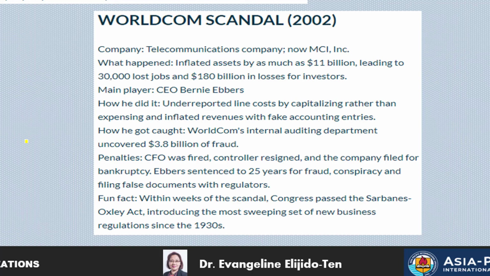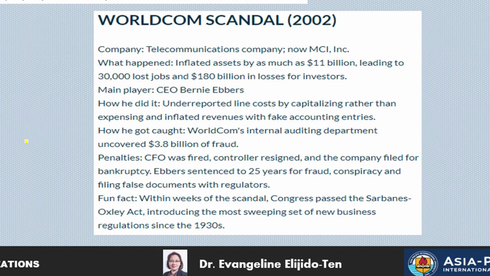The main player is the CEO, Bernie Ebbers. How did he do it? Well, he underreported line costs by capitalizing rather than expensing. So when you capitalize an expense, you're recording it as an asset. That's why the asset was overstated, inflated. All right. And so he inflated revenues and assets by faking accounting entries and capitalizing assets.